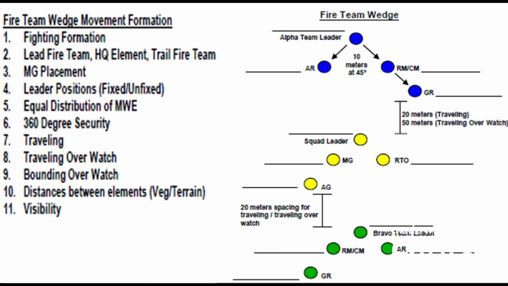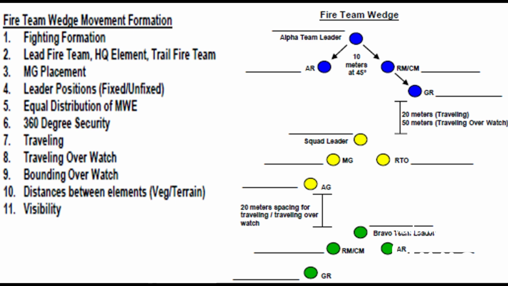The first element in the squad is the alpha team. The alpha team is led by the alpha team leader, who is responsible for his team, frontal security, land navigation, and route selection for the squad. To his left is the automatic rifleman, who carries the M249 squad automatic weapon. To his right, the rifleman, who also is the primary compass man for the squad.